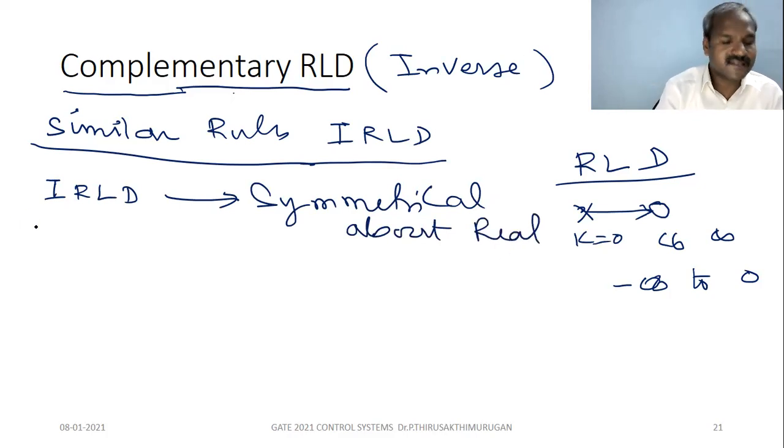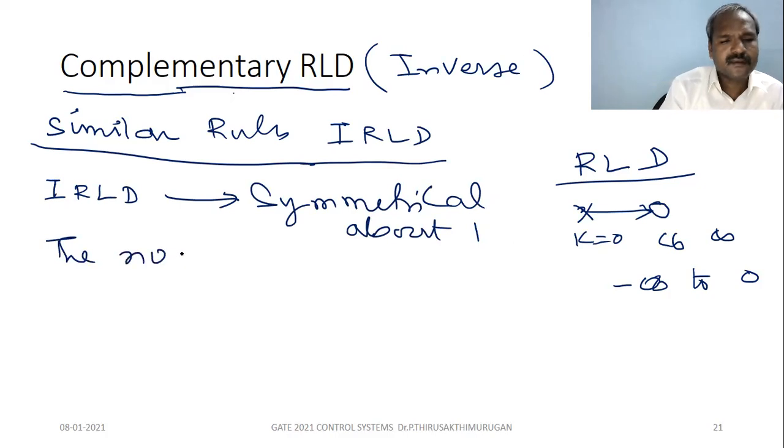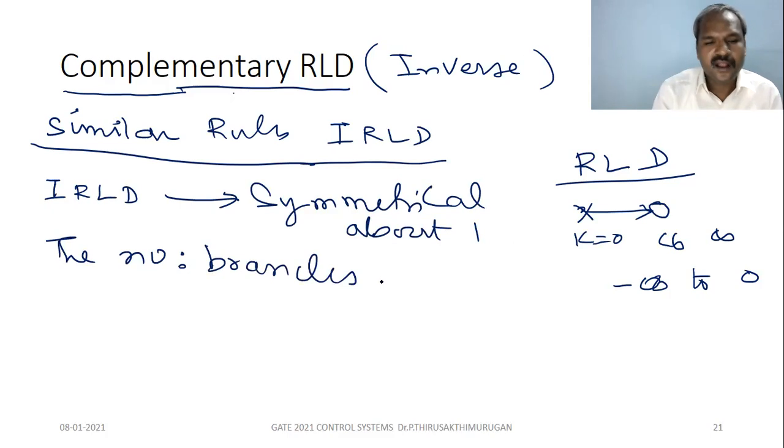Next, the number of branches in the inverse root locus diagram is similar to the number of branches condition of the root locus diagram.